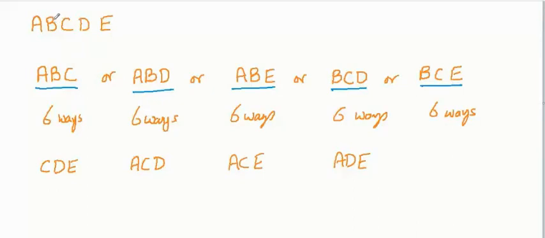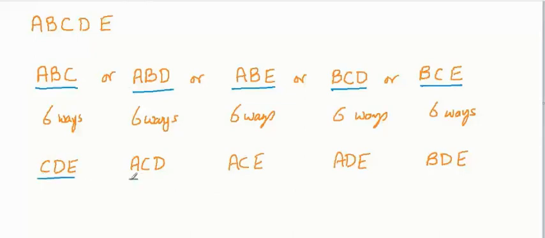Before I took 2 consecutive with any of the others. Then after that I took alternate, like AC with E and then AD with E and now BD with E. Is there any other option? I think no, because 1, 2, 3, 4, 5 and 1, 2, 3, 4, 5, 6.